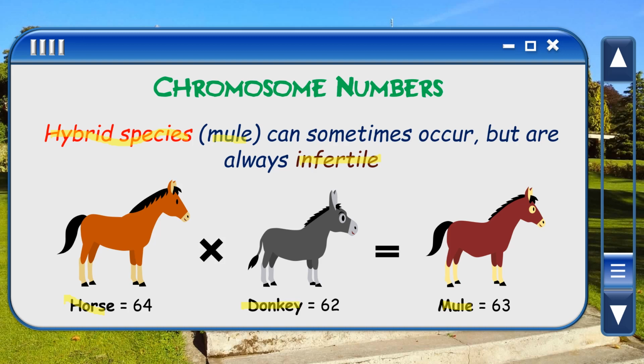And this hybrid, the mule, is infertile. It cannot produce a viable offspring because it is coming from two species which are incompatible or which are not complementary. Their sex cell component, genetic composition, is not complementary.